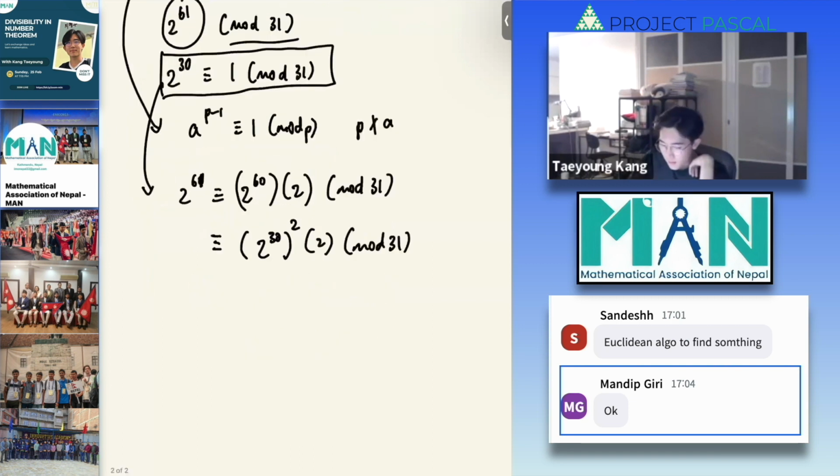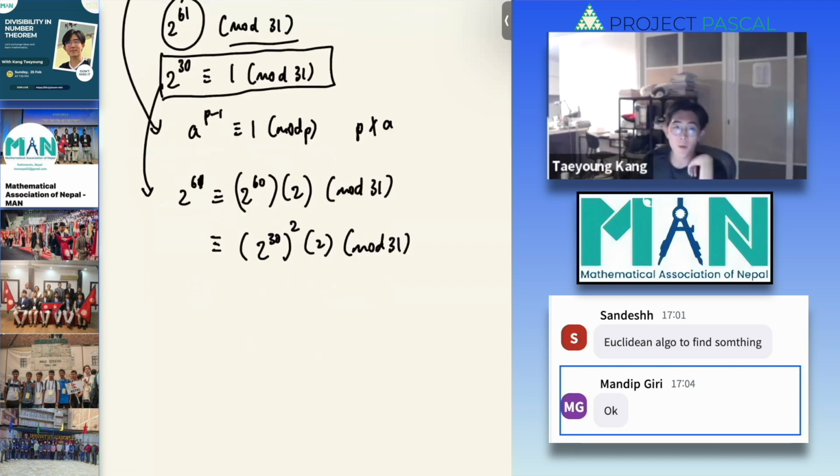Since 2 to the power of 30 is congruent to 1 mod 31, this is just congruent to 2 mod 31. So this is a very basic example of how Fermat's little theorem is used.